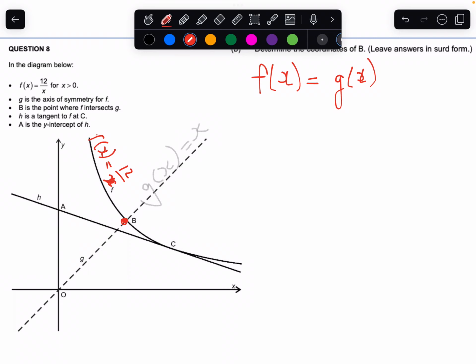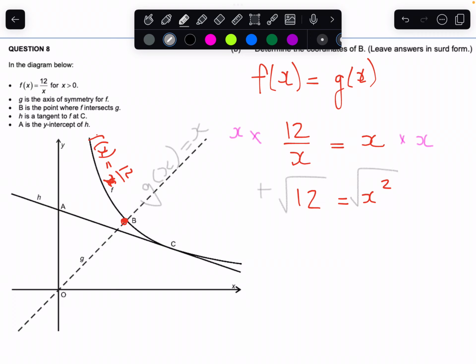We're looking for the value of x where the y coordinate is going to be the same for both functions. So 12 over x is equal to x. You can then times both sides by x, so that would be 12 is equal to x squared. A nice quadratic equation.